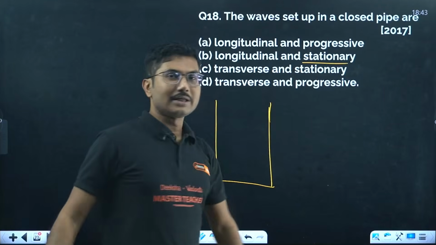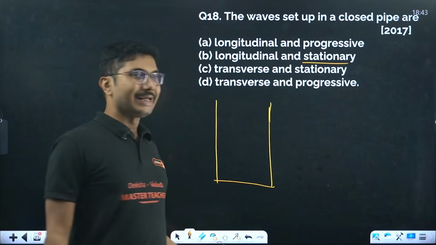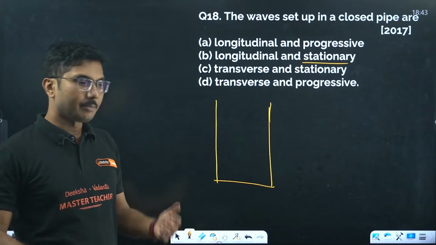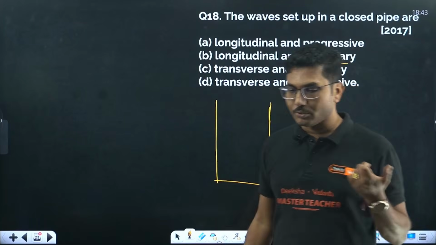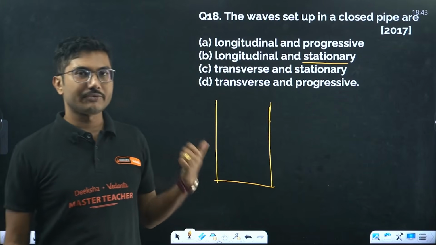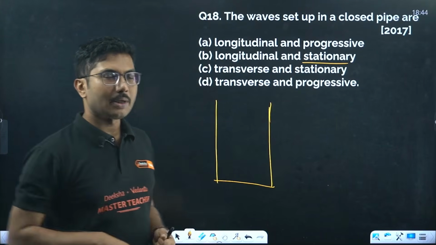Any sound instrument always produces a stationary wave. If it is simply air based, they produce longitudinal waves. If it is solid based, for example guitar string, sarod string, tanpura string or veena string, the strings always produce transverse waves. The strings vibrate like this, and the wave propagates in the perpendicular direction.